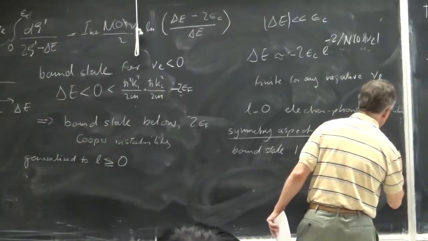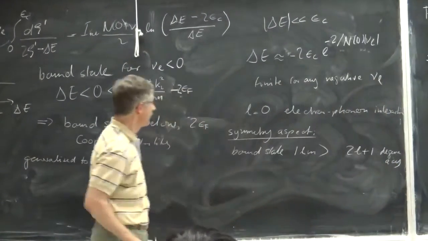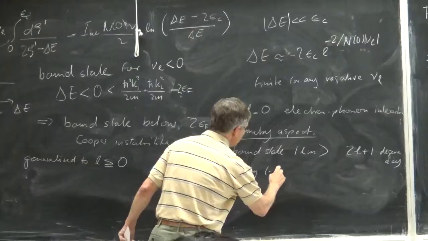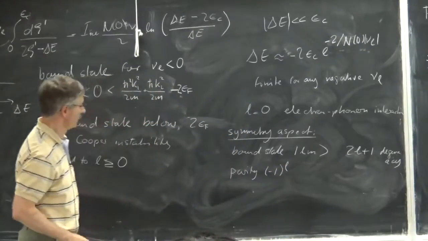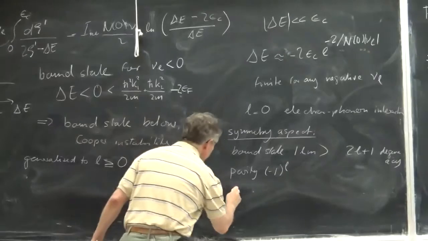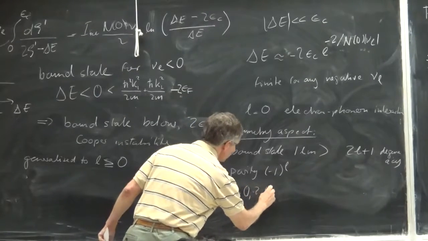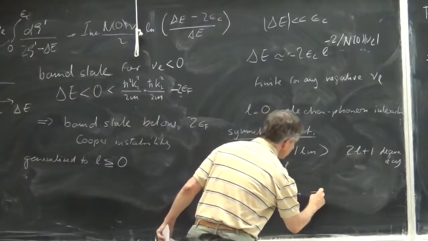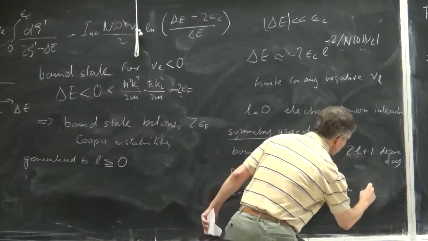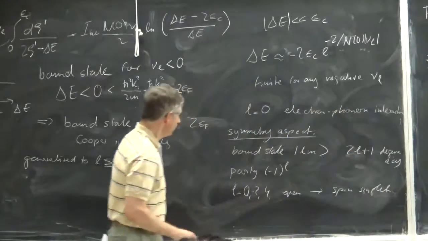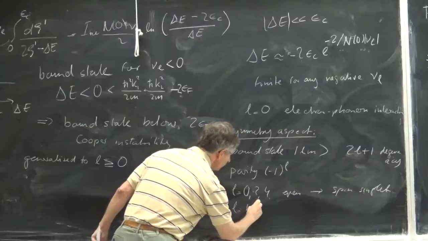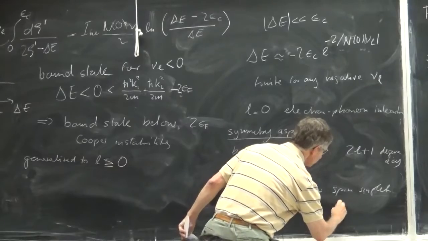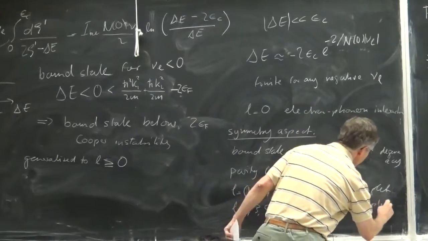And what we have is the parity minus 1 to the L. So now what we can say is, if L is equal 0, 2, 4, and so on, so if L is even, we have even parity, and that gives spin singlet pairing, and if L is 1, 3, 5, this is odd, and so we have spin triplet pairing.